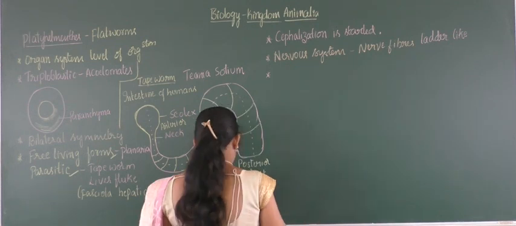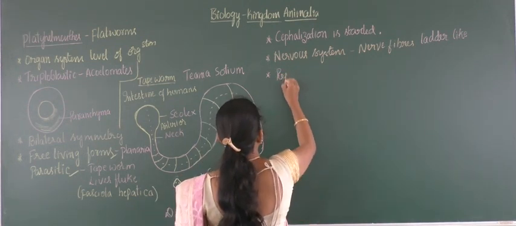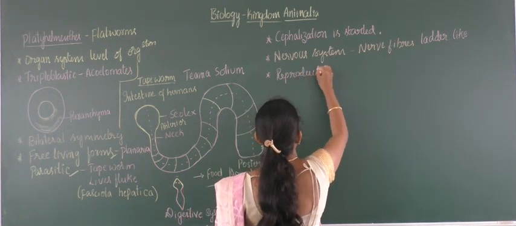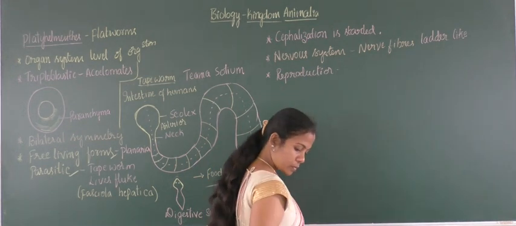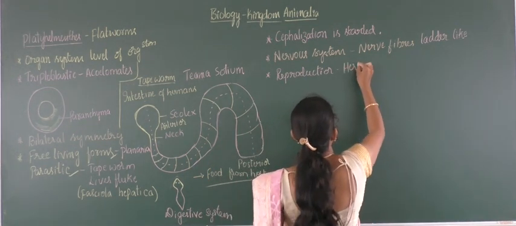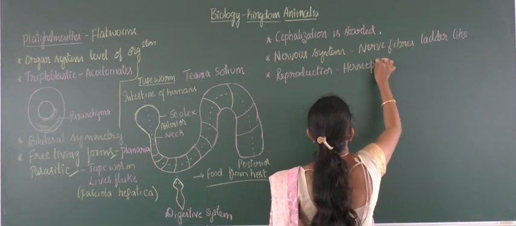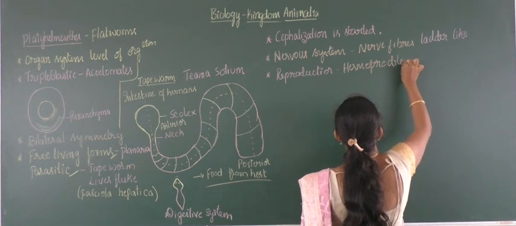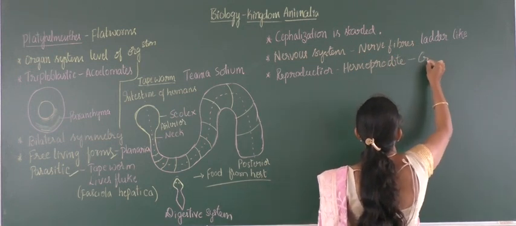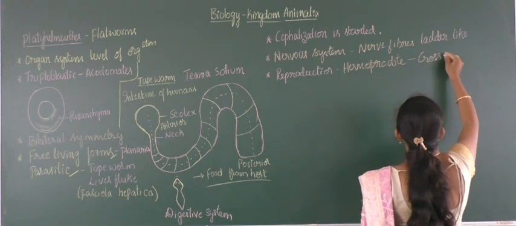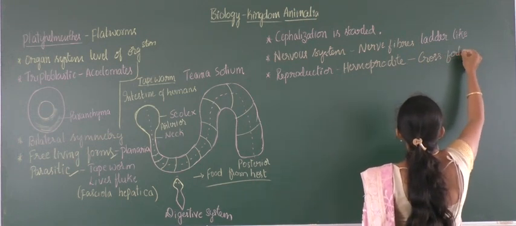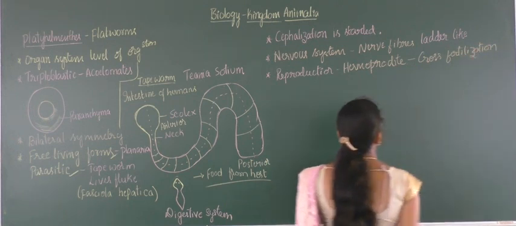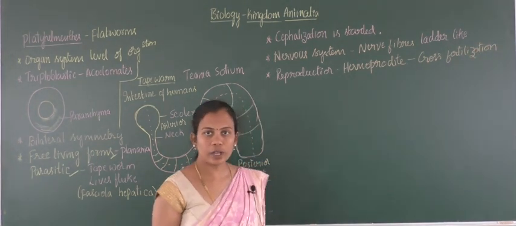And coming to the reproduction process, these are also hermaphrodite organisms. These are also hermaphrodite in nature, but they perform cross fertilization with the other ones.